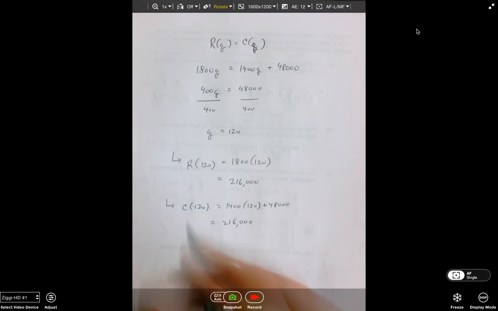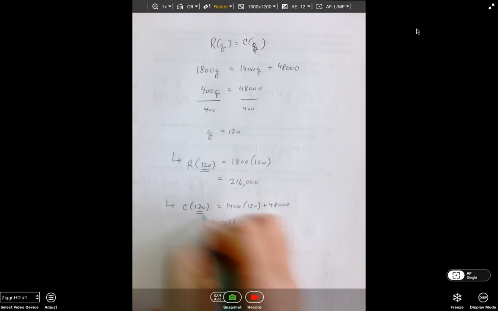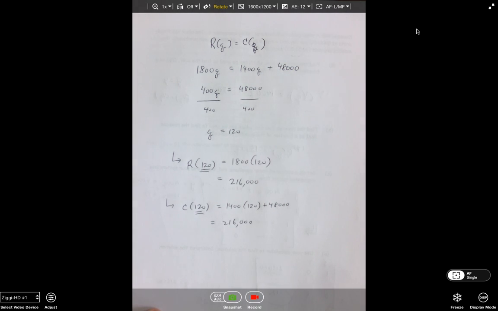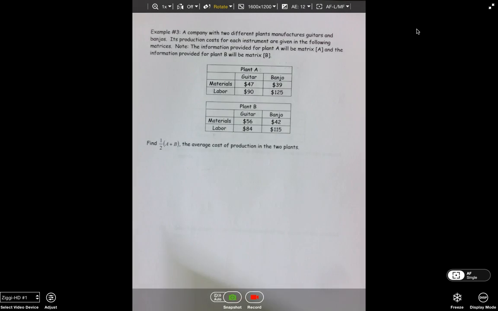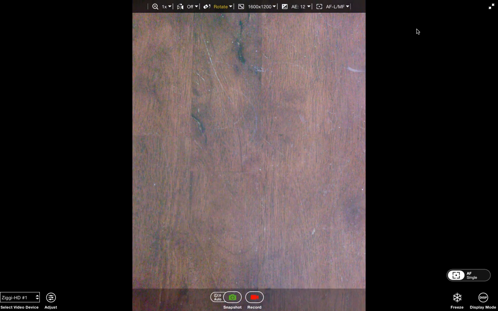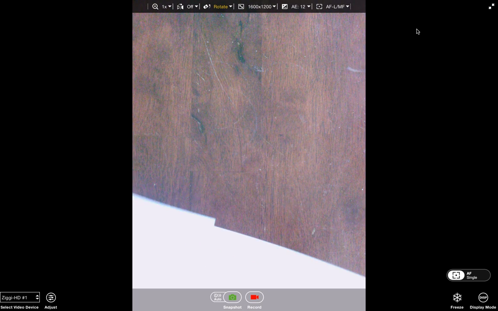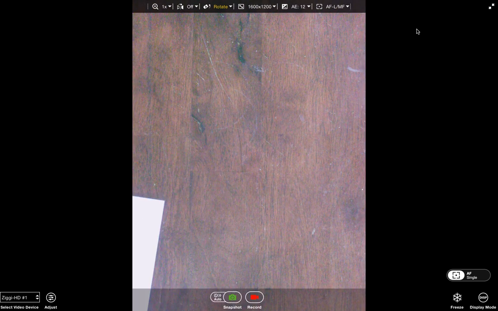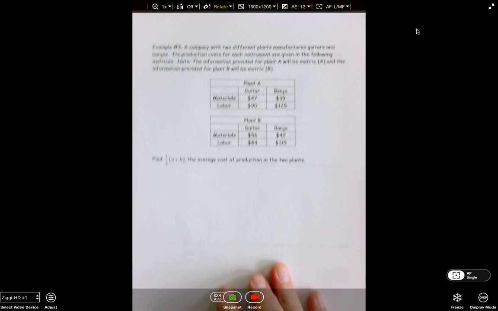So that tells us when we sell 120 units, the cost at 120 units is the same, 216,000. So you can use augmented matrices to come up with a little fancier stuff. Well, you don't come up with fancier stuff. You just come up with maybe a little more sophisticated way of coming up with the answer.